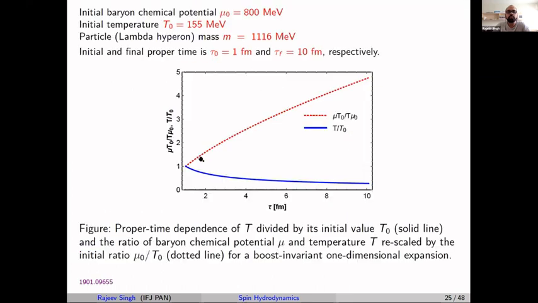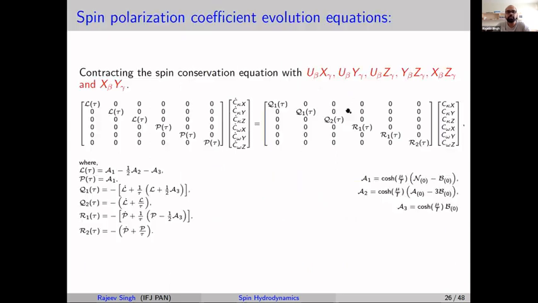Then we solve this to get the thermodynamical evolution of the coefficients, and then we use this to get the spin evolution of the coefficients, which are in these 6 independent evolution equations. These are independent only for this simple setup, but in general, in 3+1, they will not be independent.